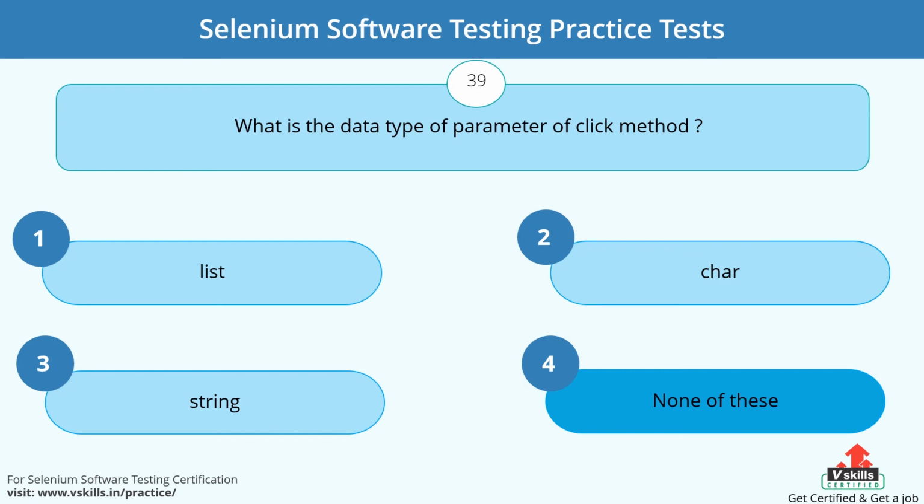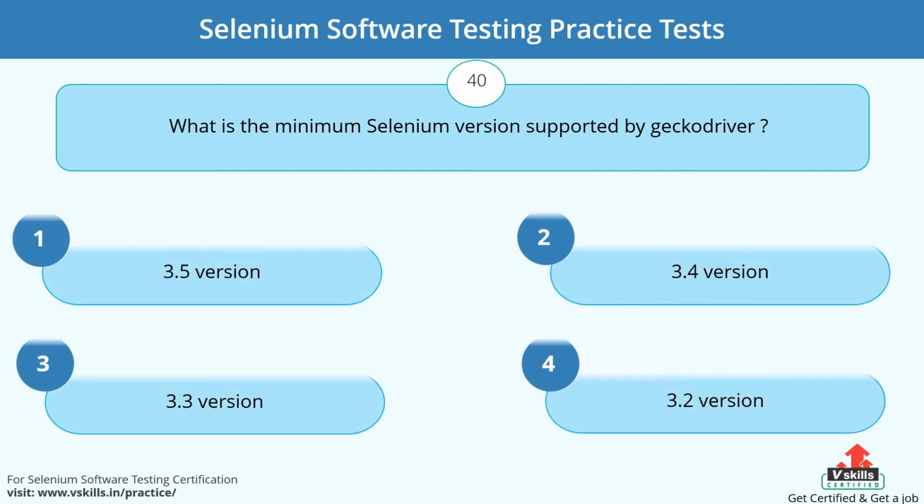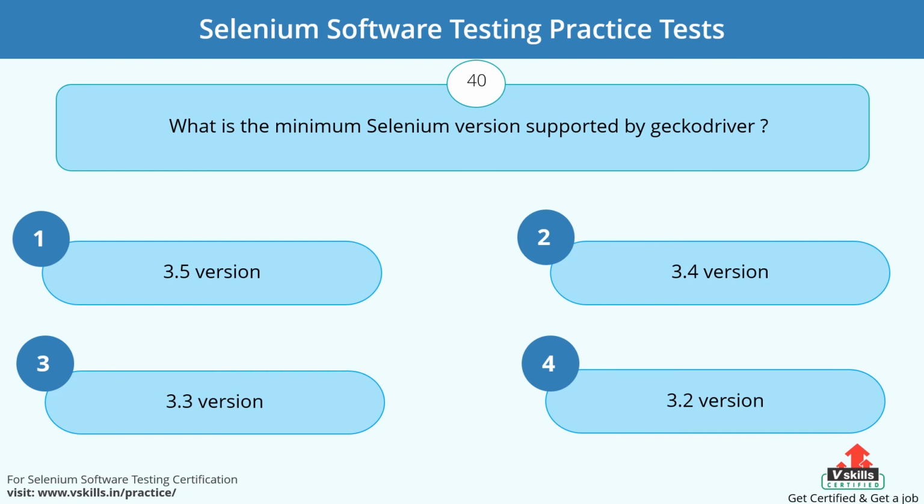Question number 40, what is the minimum Selenium version supported by Gecko driver? The options are A. 3.5 version, B. 3.4 version, C. 3.3 version, D. 3.2 version.